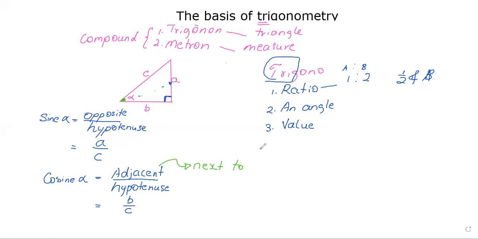Now, the last one we'll have a look at is the tangent. Tangent of alpha, by definition, is opposite over adjacent.